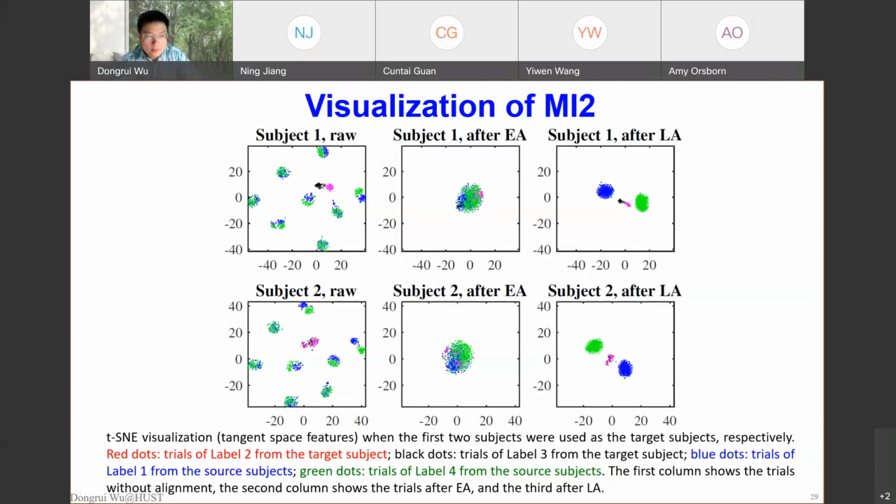We can see that before alignment, the data from source and target domains are almost completely separated. So we cannot simply combine this data and then perform classification. After Euclidean alignment, the overall distribution becomes more consistent, but different classes are mixed together. But after label alignment, the different classes are clearly separated. So we can expect better classification performance.